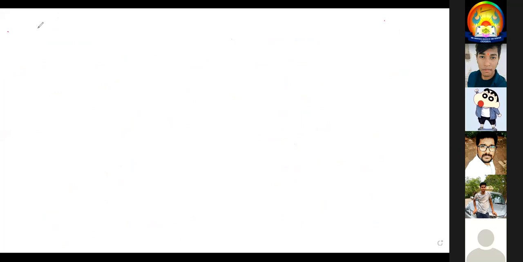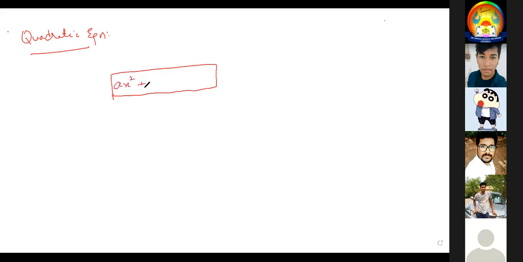Now, see, till now what we did. Everyone, tension down. Open your mind first. Till now, I did quadratic equations. I will give one quadratic equation like ax square plus bx plus c equal to 0, and you calculate roots either by factorization method, perfect square method, or this discriminant method.